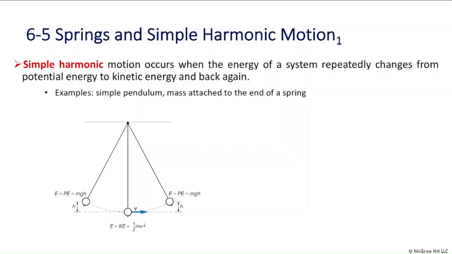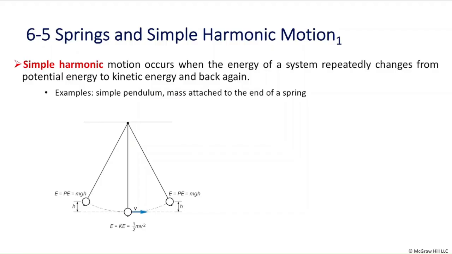So think back to the simple pendulum we discussed earlier. As the ball swings up and down, the potential energy changes to kinetic energy and then the kinetic energy converts back to potential energy. And this back and forth change happens repeatedly. So a system like this, where energy keeps oscillating between potential and kinetic, is what we call simple harmonic motion, or SHM.